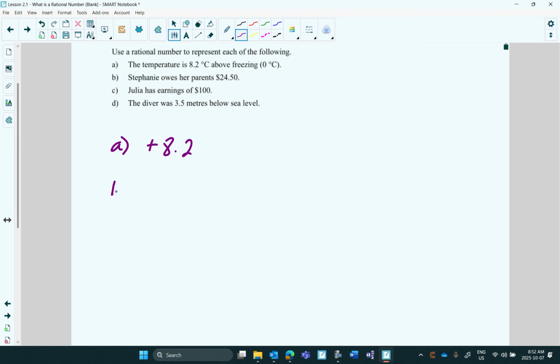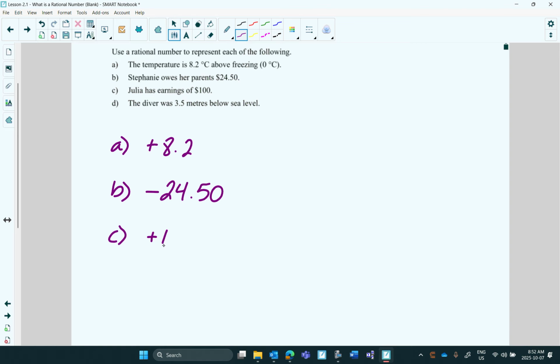Stephanie owes her parents $24.50. Exactly. Negative 24.5. And when we just list the number, we don't put any units. Julia has earnings of $100. Positive 100.